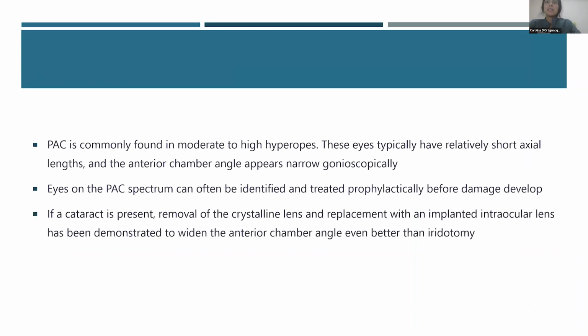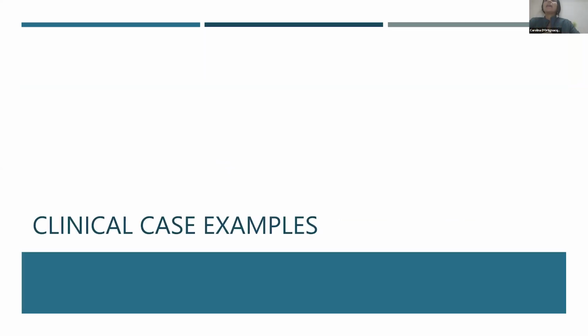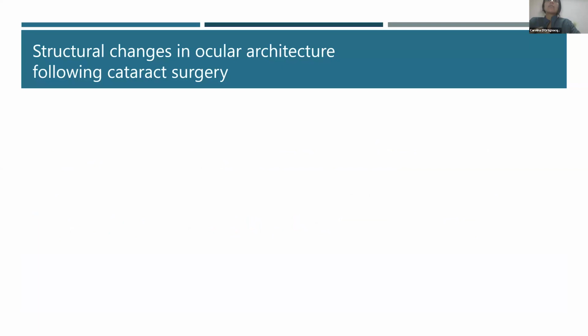If a cataract is present, removal of the crystalline lens and replacement with an intraocular lens implant has been demonstrated to widen the anterior chamber even better than iridotomy. This is something we know here in La Familia, and these are the examples the doctors there showed us. They emphasized the structural change in ocular architecture following cataract surgery.